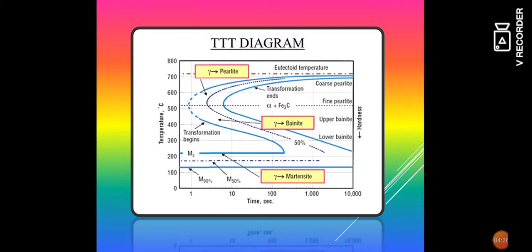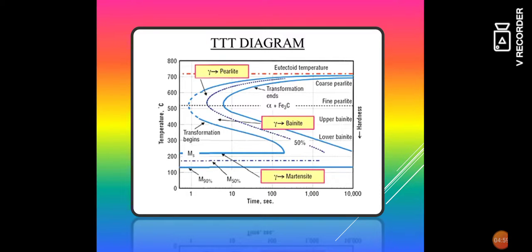Here we see that at about 750 degrees centigrade, the material is in the austenite phase. When the temperature is decreased from 750 degrees centigrade to about 500 degrees centigrade, the austenite is slowly transformed into pearlite. Further decreasing the temperature, the material is held for some time. That is very important.